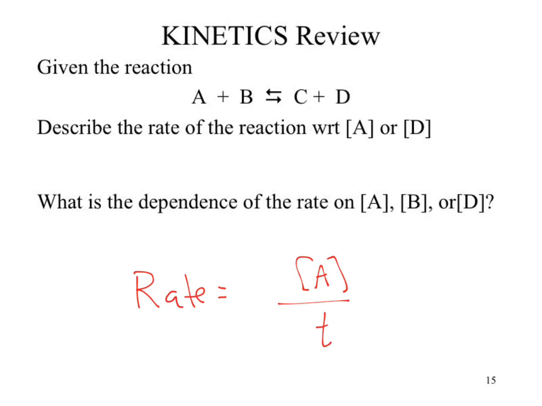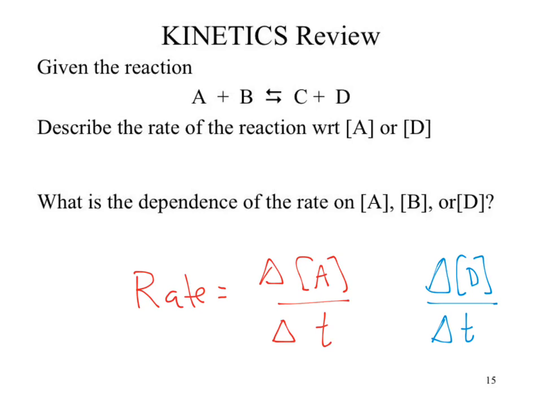Well, that's a rate. Okay, almost. It needs to be the change of A with respect to the change of a standard unit of time. So we can do that with our delta symbols. If I wanted to go through and do this for D, okay, I'd end up with something very similar. I can look at the change of the concentration, whoops, I always leave the brackets off. The change of the concentration of D with respect to the change in time.